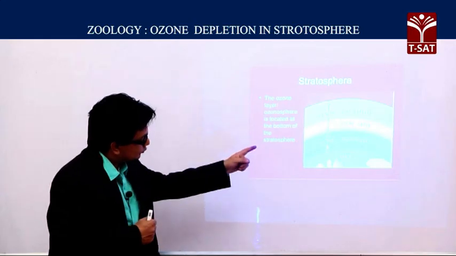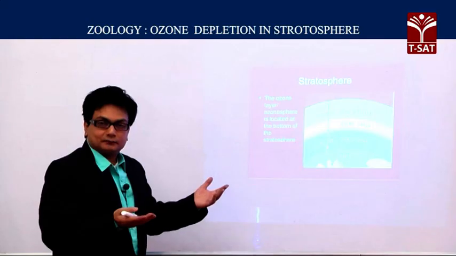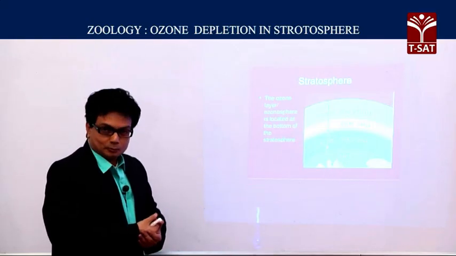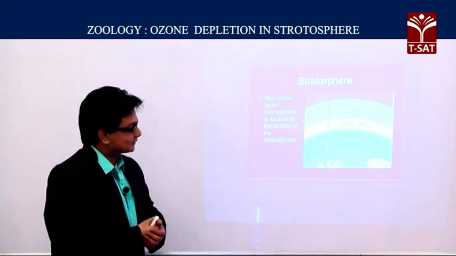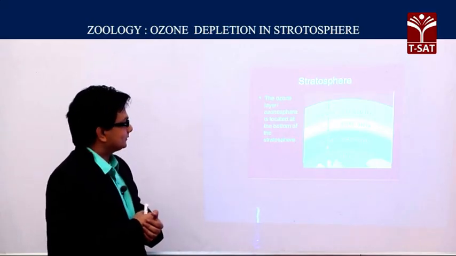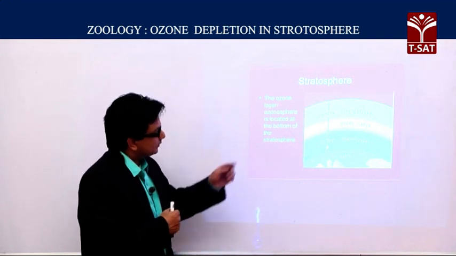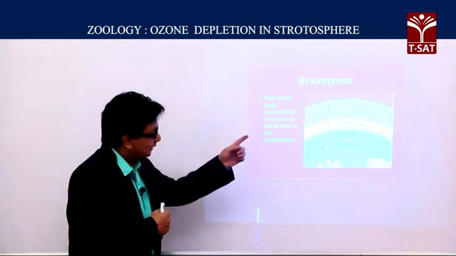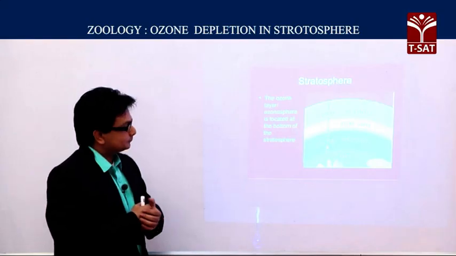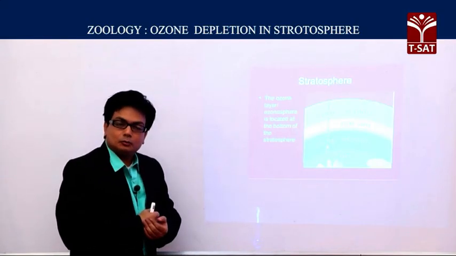But the troposphere is the area within which the entire living world survives, and above that is the ozone layer. That means the ozone layer is below the stratosphere. You can call that particular layer the ozonosphere.